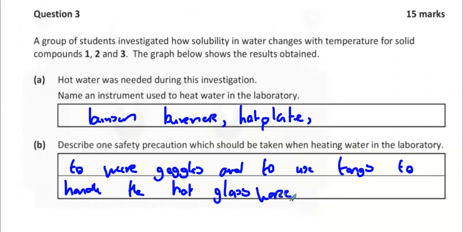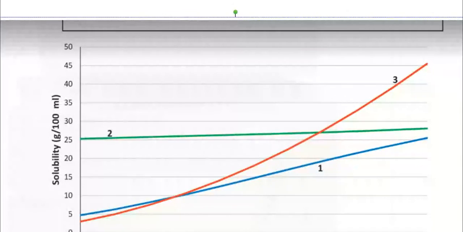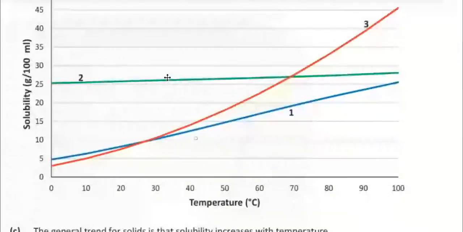Or an oven mitt, even an oven mitt if you didn't have that, okay? Or oven gloves, something like that, to avoid you getting burnt off the hot glass when you have to move the objects, okay? Now, next part here, we have a diagram of A, B, and C.